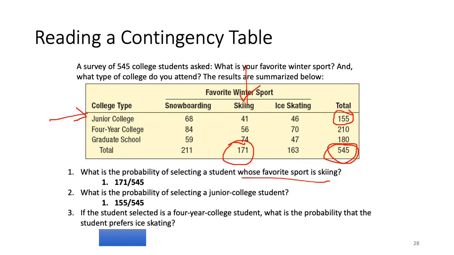So we have a 4-year college student and we have ice skating, which is 70. So if a student is selected as a 4-year college student, we're really considering this specific row here. So 70 out of 210 are 4-year college students that prefer ice skating.